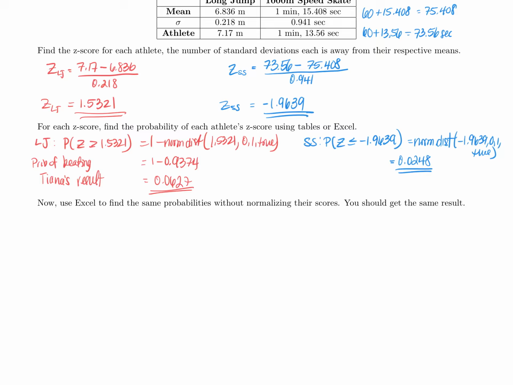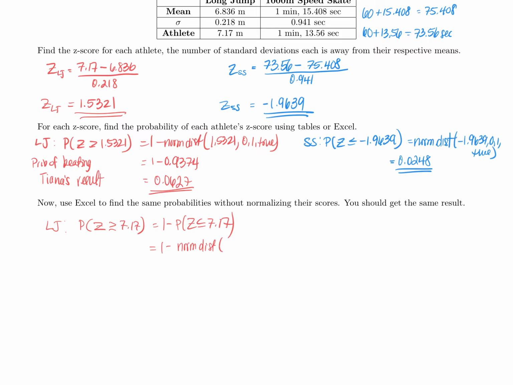So can we use Excel to find these same probabilities without having to find z-scores and without having to normalize their scores? The answer is yeah, we can. This is kind of cool. For the long jump, we can just do the probability that the jump is greater than or equal to 7.17 meters, which is 1 minus the probability of being less than or equal to 7.17, or 1 minus NORM.DIST.